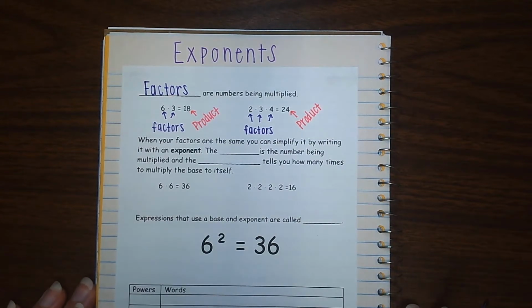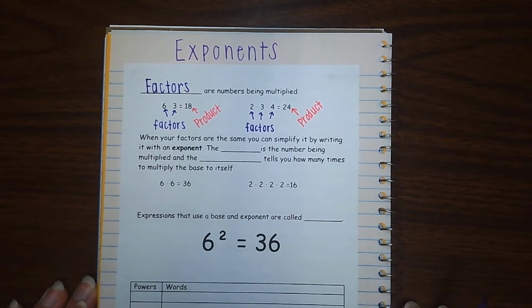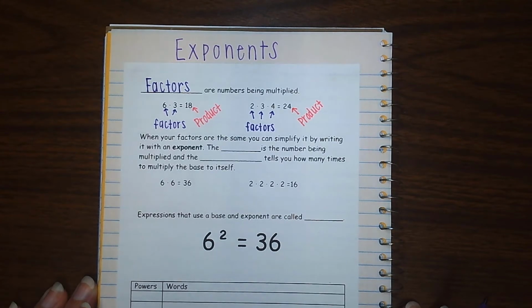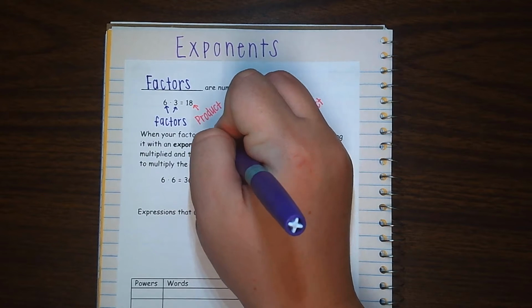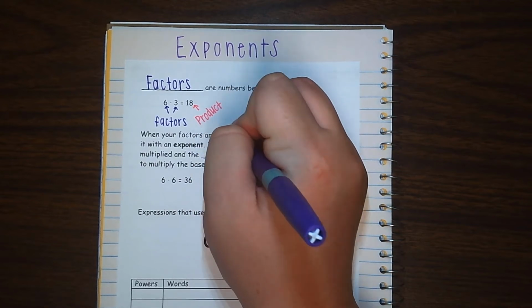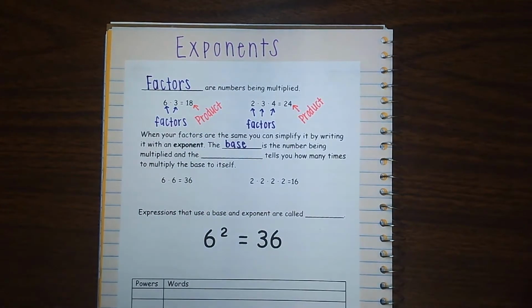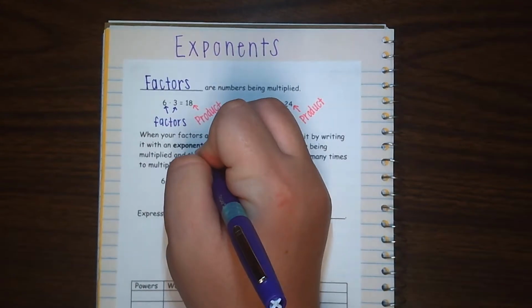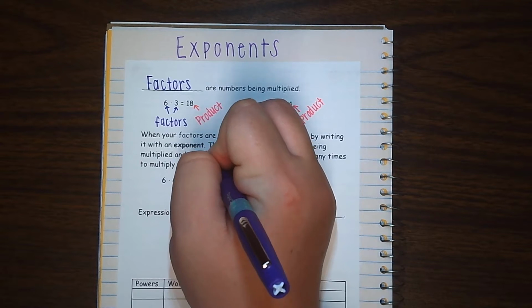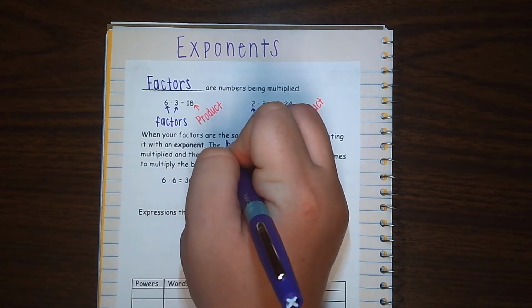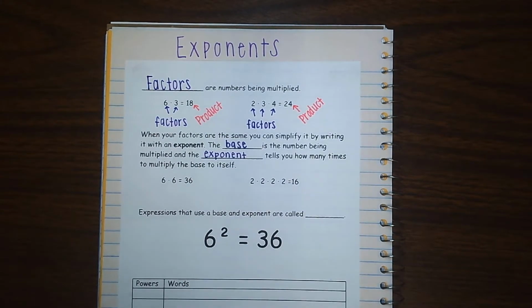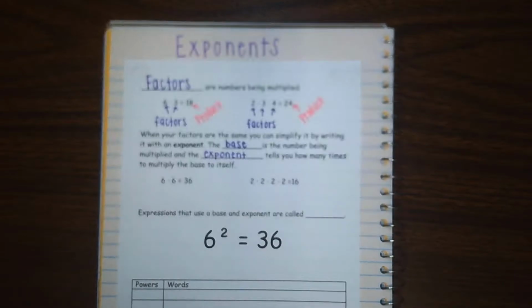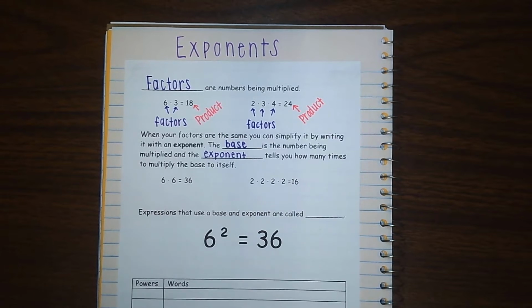When your factors are the same, you can simplify it by writing it with an exponent. The base, B-A-S-E, is the number being multiplied, and the exponent tells you how many times to multiply the base by itself.